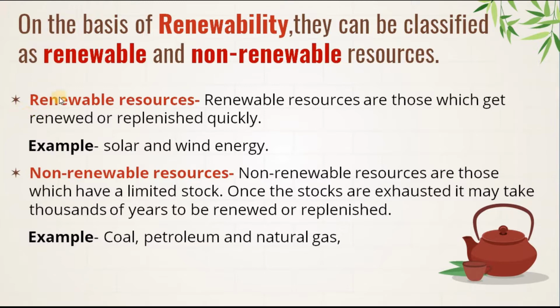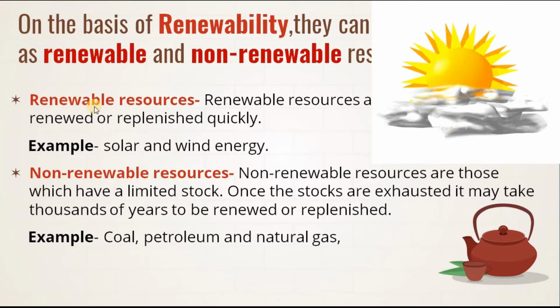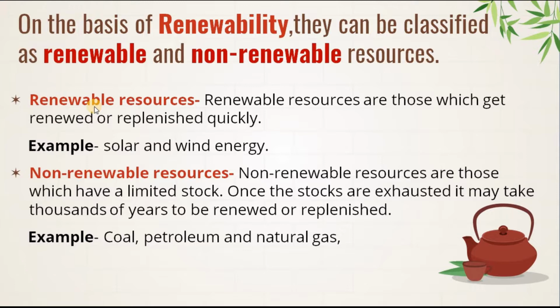So what do you mean by renewable resources? You can understand by the name, renewable resource, which can renew again, be replenished again. Resources like sunlight, our water, our air, cannot finish. So renewable resources are those which get renewed or replenished quickly.